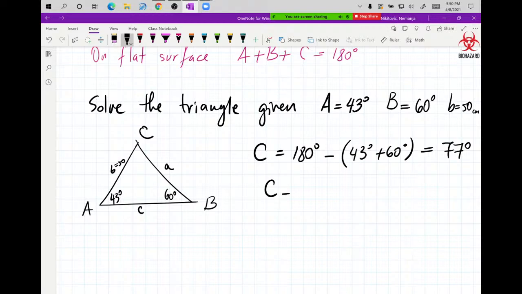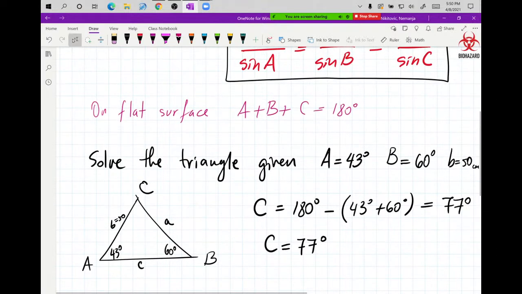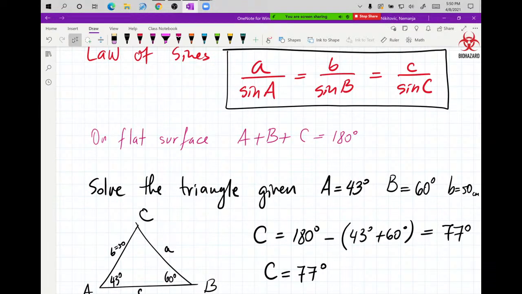So we found already that angle C is 77 degrees. When it says solve the triangle, you are looking for the measures of all three sides and all three angles. So you have to have all of those. So we have all three angles. Now we just want to find the sides, and that is where your law of sines kicks in.